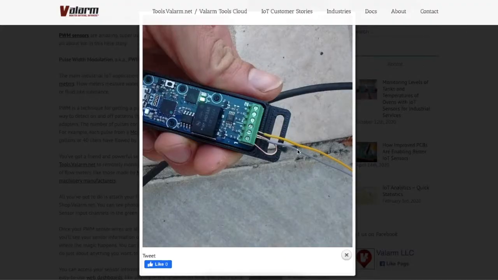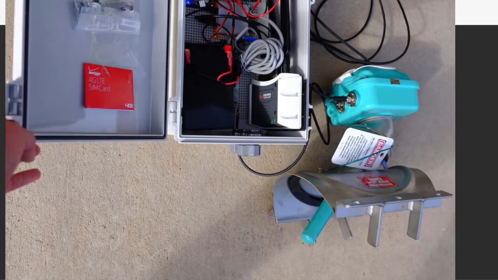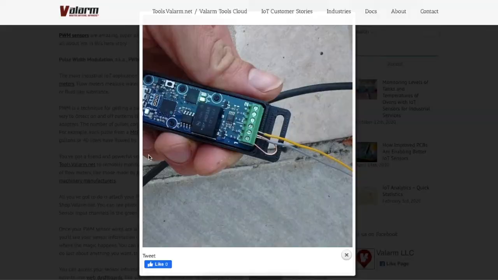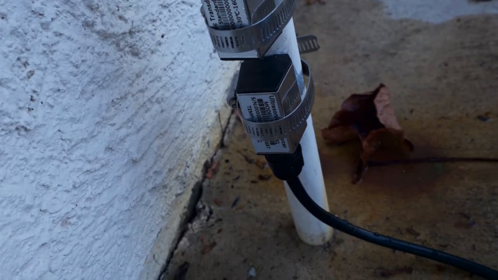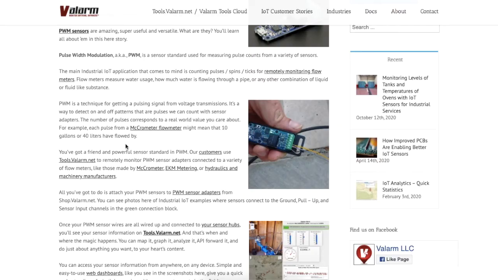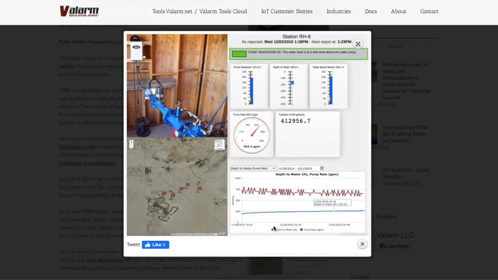Flow meters measure water usage, how much water is flowing through a pipe, or any other combination of liquid or fluid-like substance. Typically, they have an impeller inside, and as the fluid or water passes by, the impeller spins.